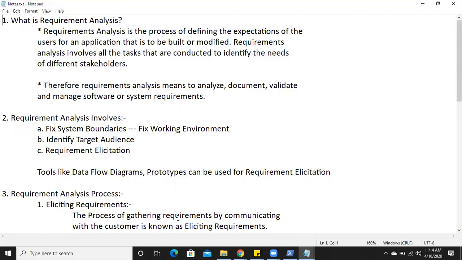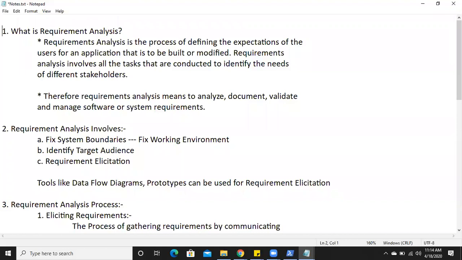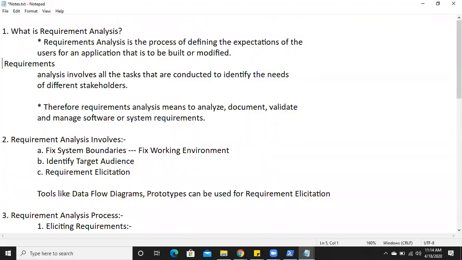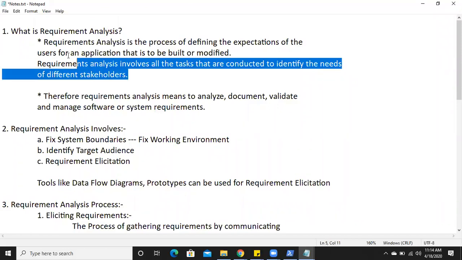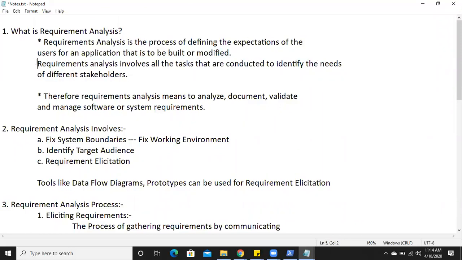So requirement analysis involves all the tasks conducted to identify the needs of our clients or our stakeholders. It is the process of identifying the needs of a client from our company or from his software.